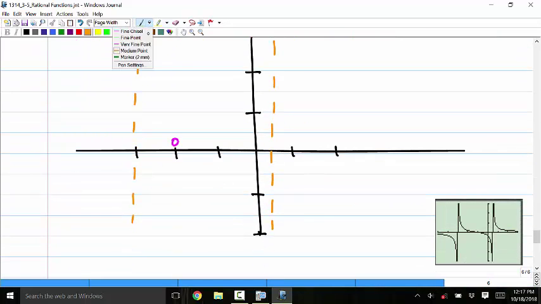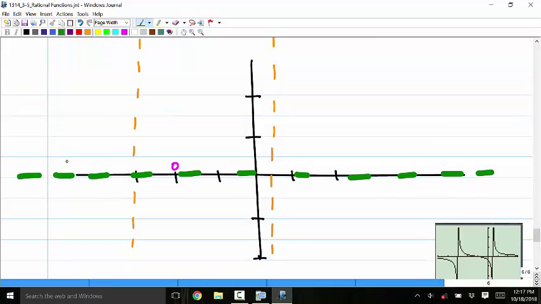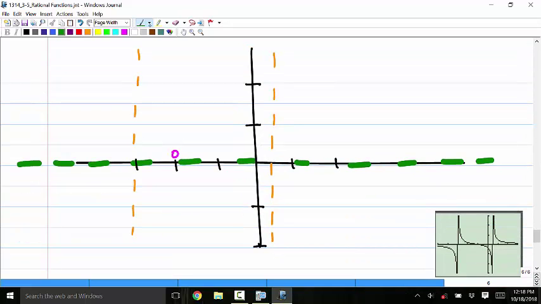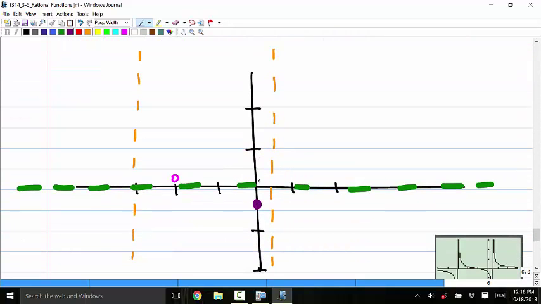Y equals 0. What else did you have? Y-intercept is 0, negative 1/3. And what was your x-intercept? Negative 1, 0.